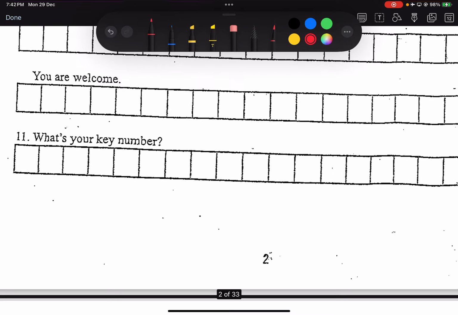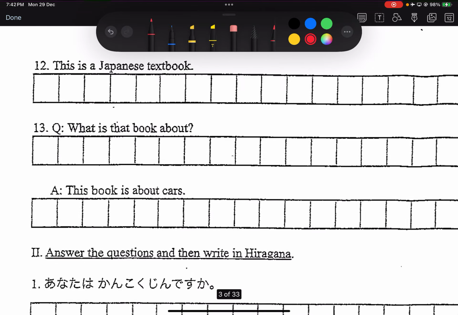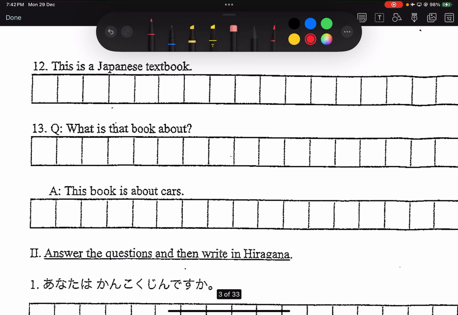Okay, now I will move on. Number 12. This is a Japanese textbook. Come. So, Sora, this is a Japanese textbook. Okay, ni.